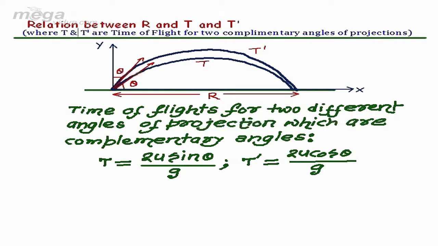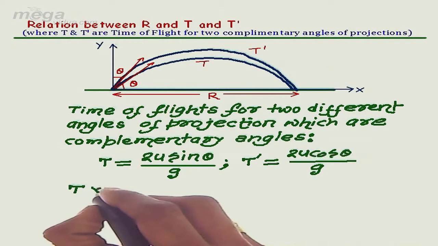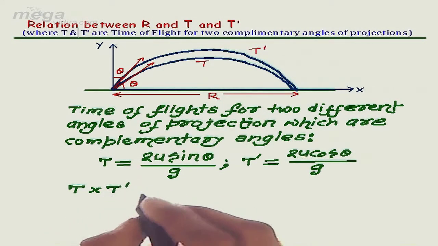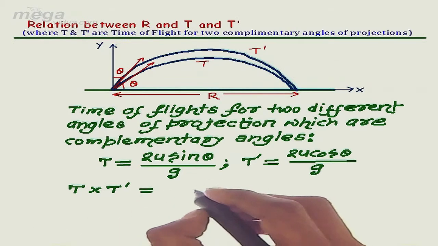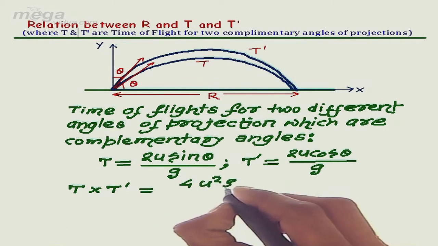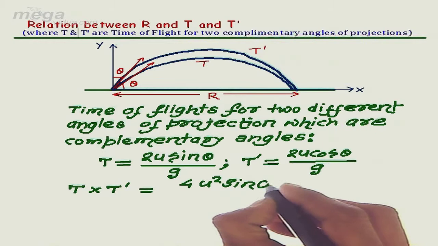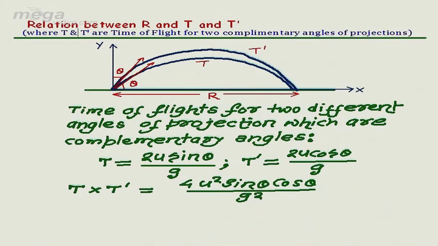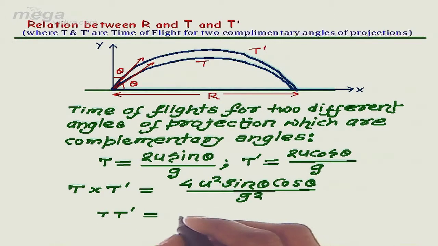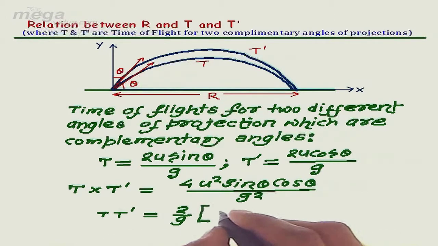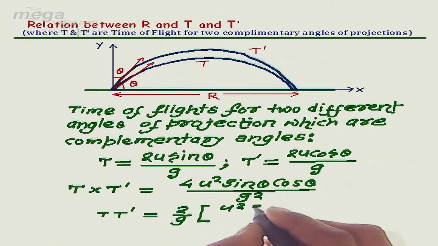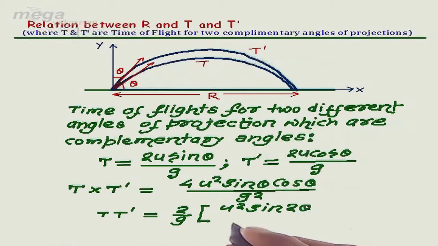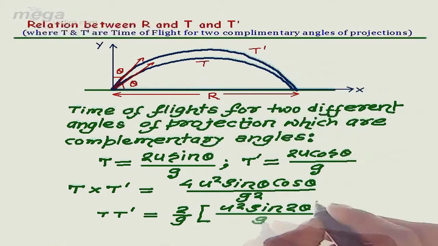Now, if we do T multiplied by T dash, then it comes 4u square sine theta cos theta divided by g square, or T T dash is equal to 2 upon g times u square sine 2 theta divided by g.